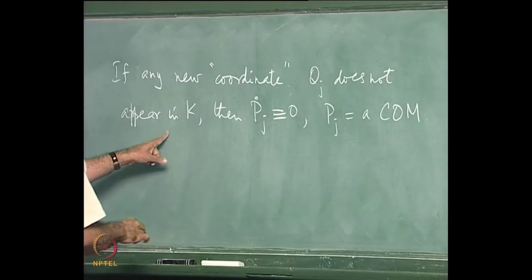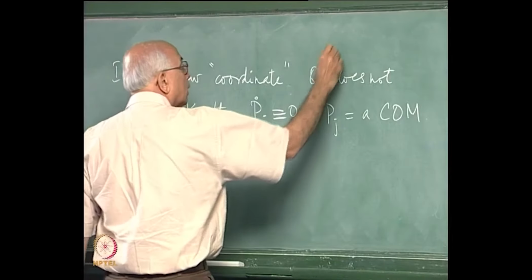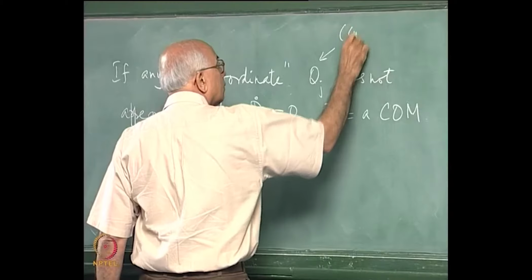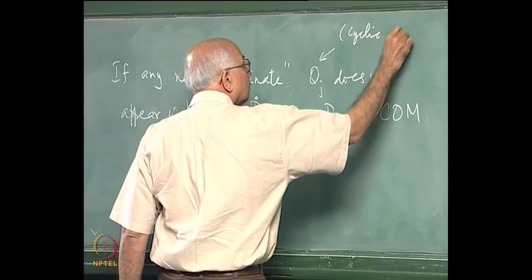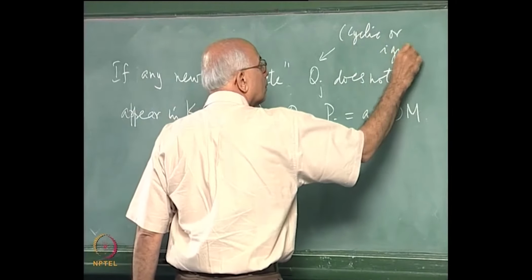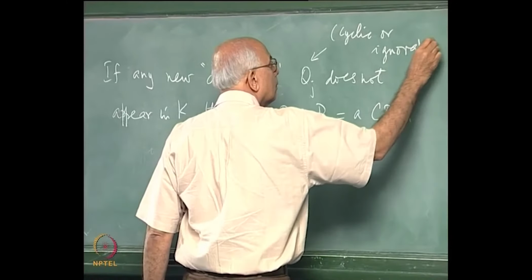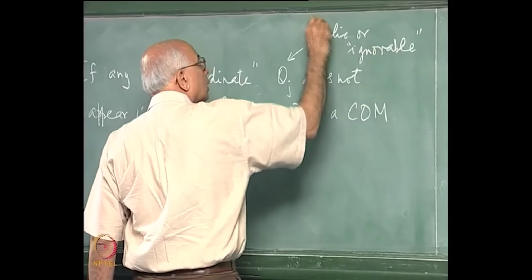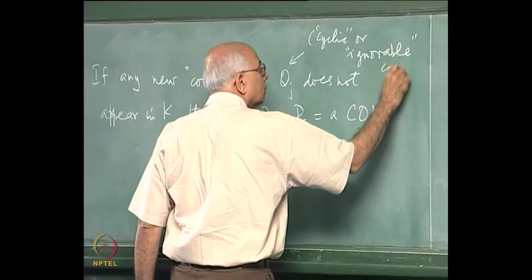And if it does not appear in K, then this coordinate is called a cyclic or ignorable coordinate.